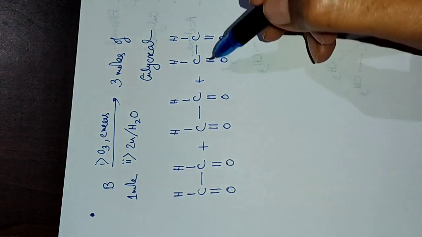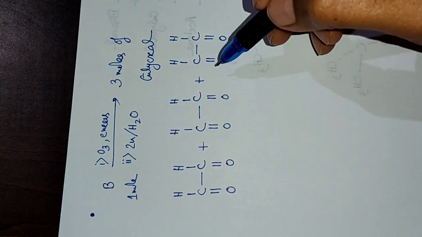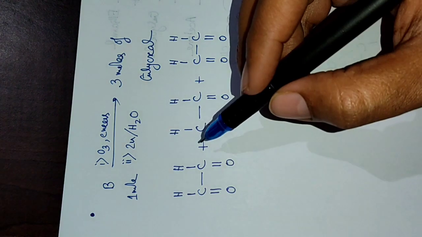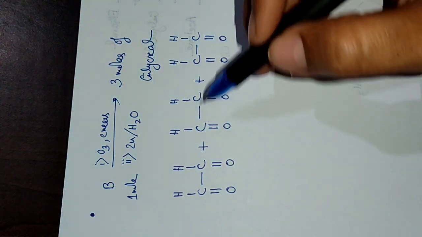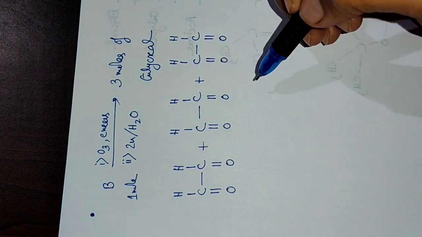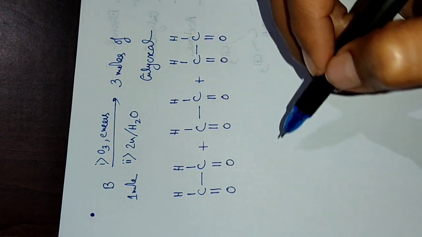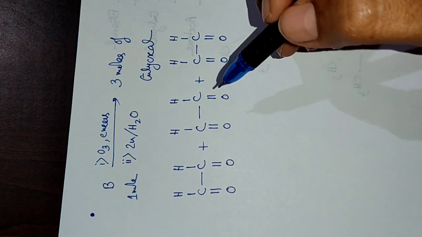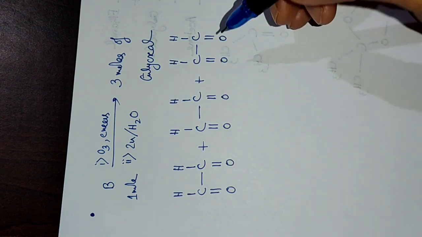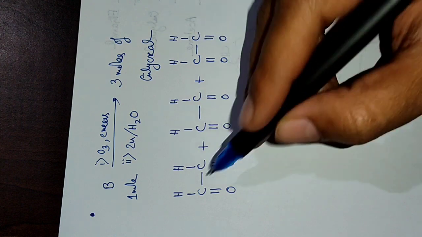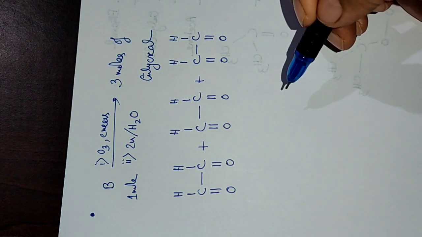So, in this format, if we write, we will be able to consume only 2 moles of ozone, 1 here and 1 here. So you have to write in such a way that 3 moles of ozone must be consumed. So we have to bring these 2 groups in vicinity.